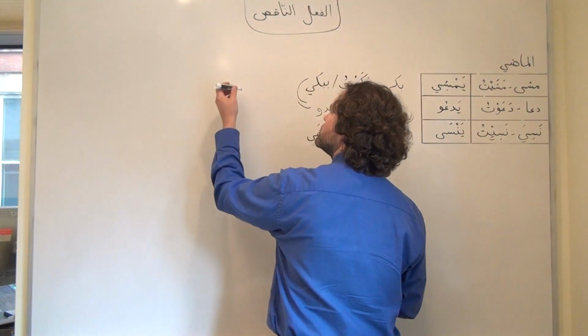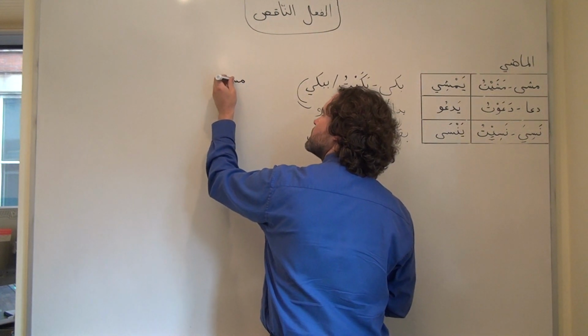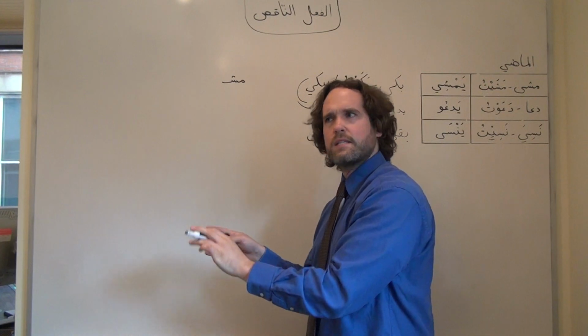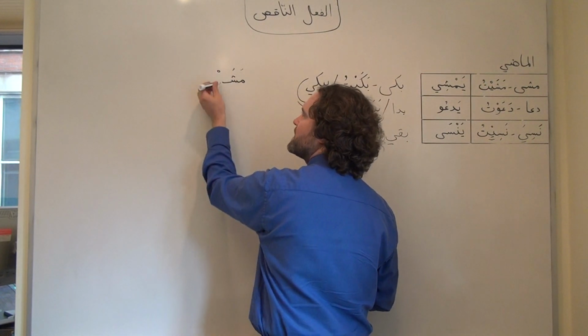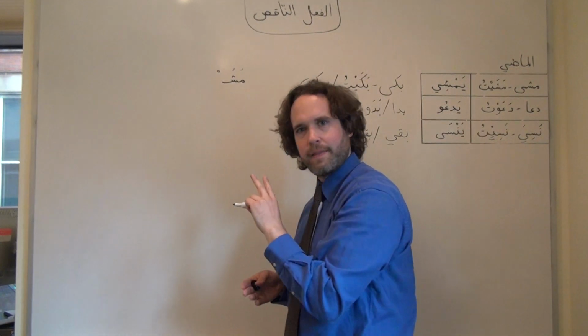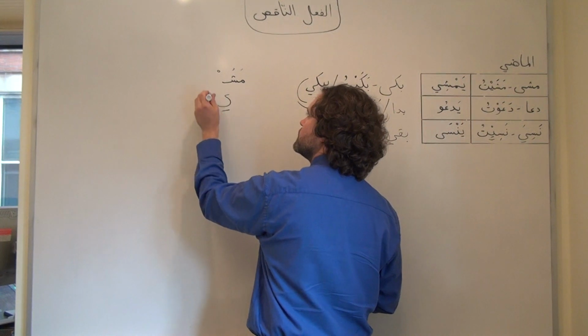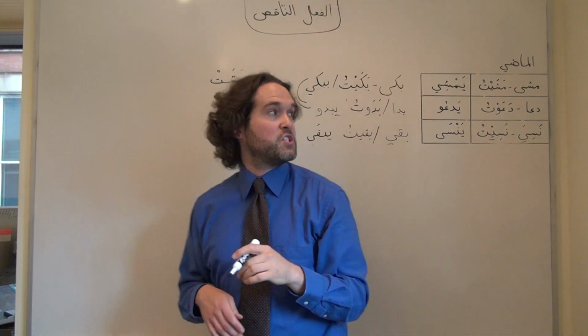So if we wanted to say she walked, you might be tempted to say mashayt, but the problem would be that we would have a sukoon on the ya and a sukoon on the ta, and that's a no-no in Arabic. We can't do that. So the solution is just to drop the ya and say mashat.